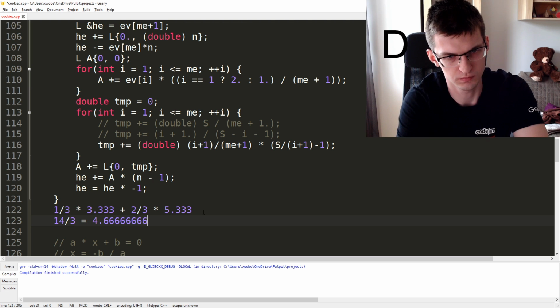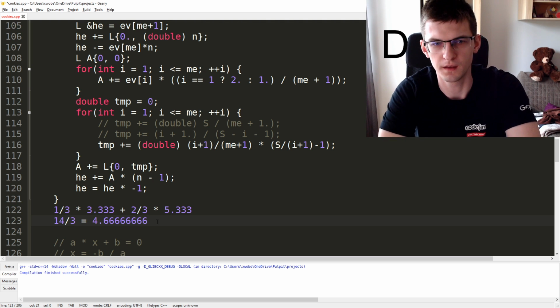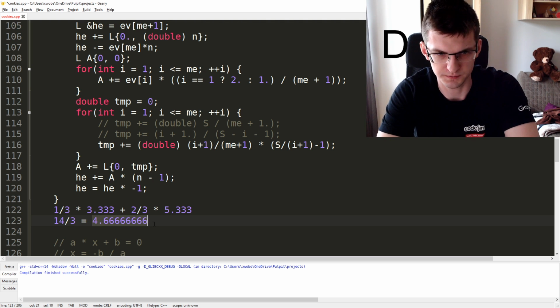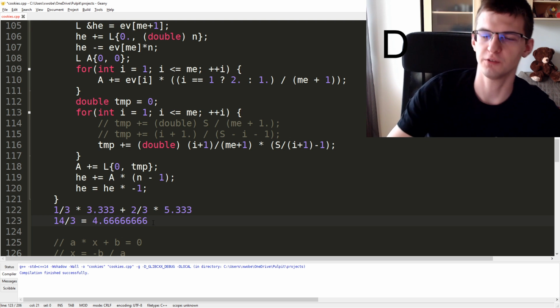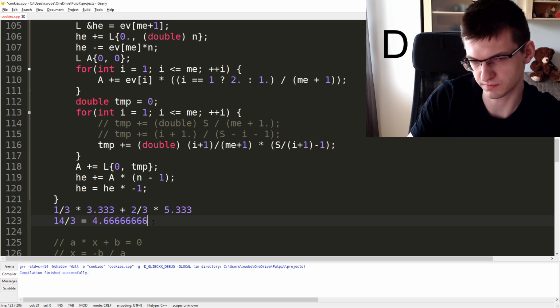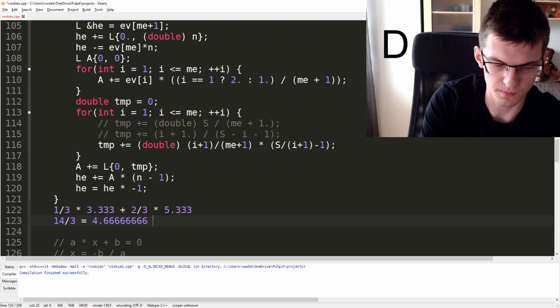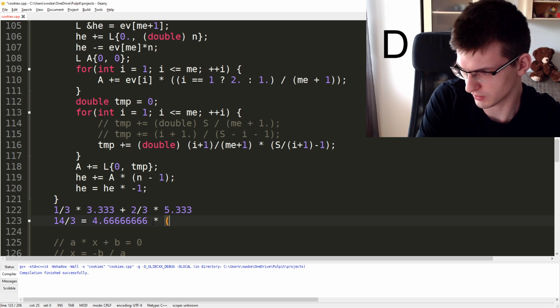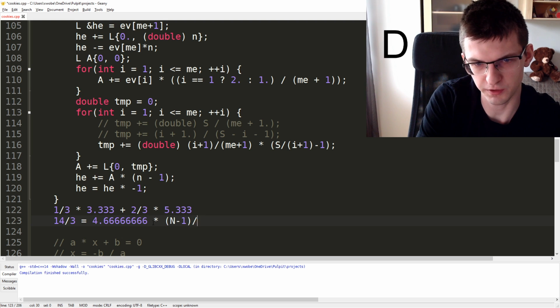But this is if we allow for changing a number to itself. And if we don't allow that, I think we need to multiply the answer by this, so by 2/3.